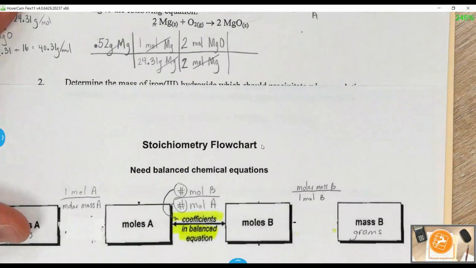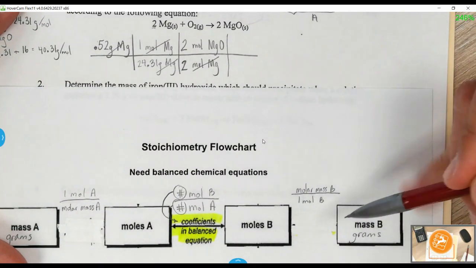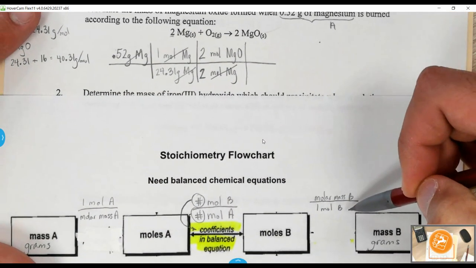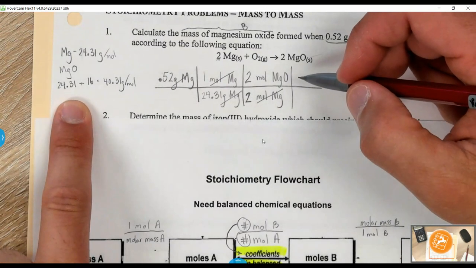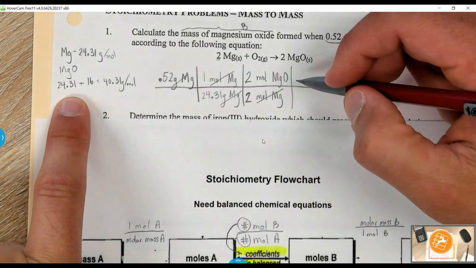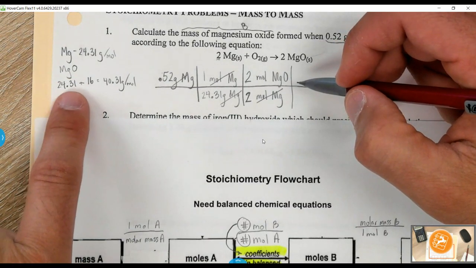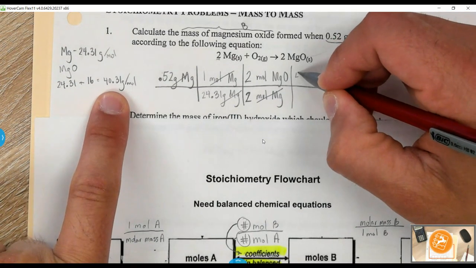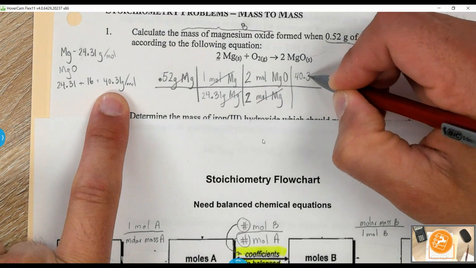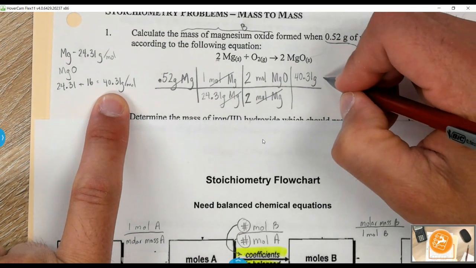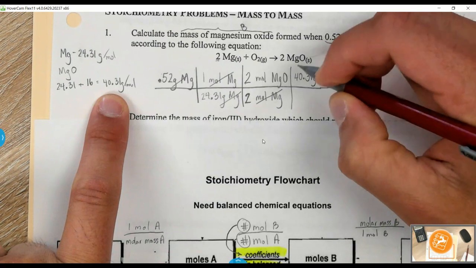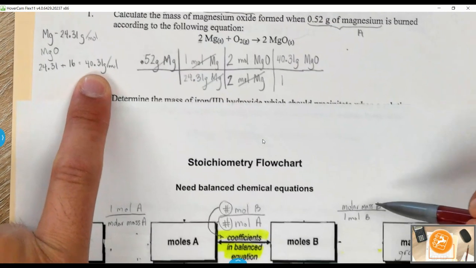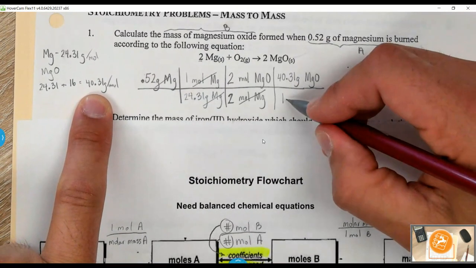That is why we need our third and final conversion, the molar mass of substance B divided by 1 mole. We've already done off to the side the molar mass of substance B, which was the MgO. So we have 40.31 grams of magnesium oxide over just 1 mole of that substance.